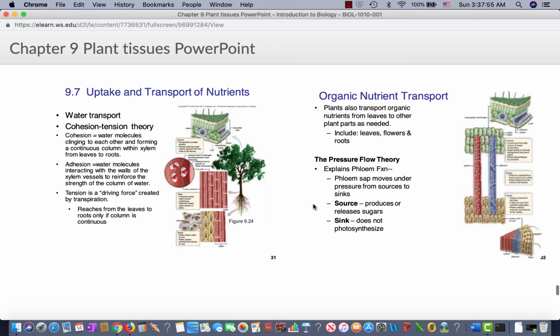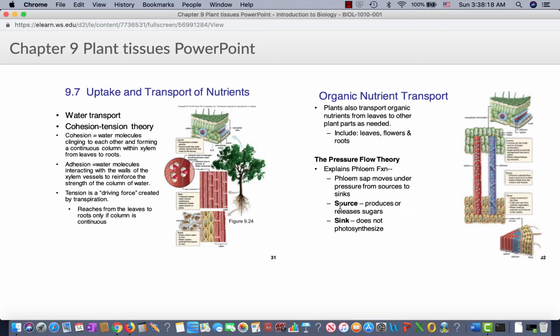But that aside, for the transport of stuff through the phloem to send your sap and sugars and whatnot back down, they're using this pressure flow theory. So basically what ends up happening is you're building a bunch of stuff in your leaves.